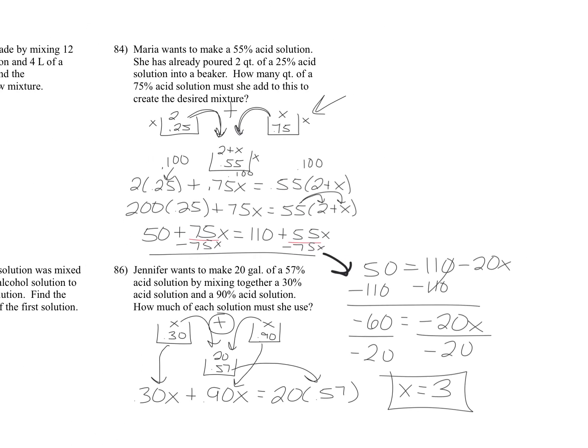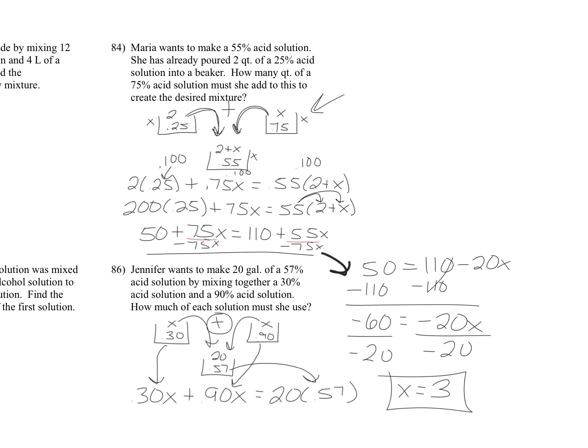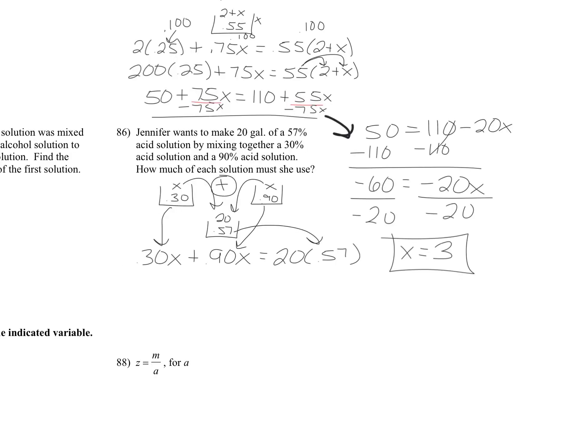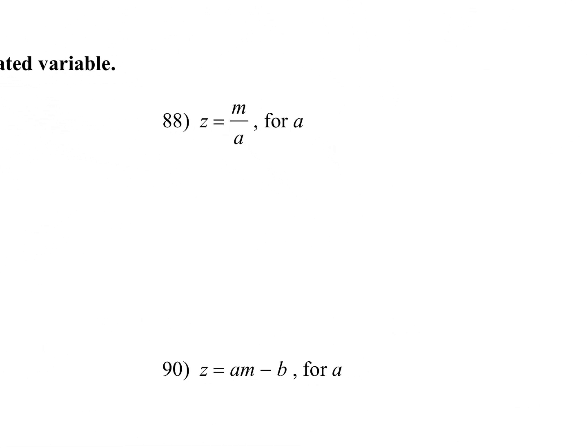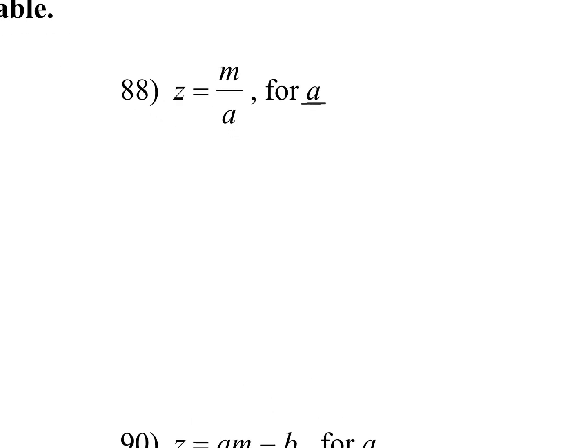Questions on those? If we need to come back to those on Monday, we will. Last ones we got to go over are algebraic expressions. It gives us an equation. We want to solve for A. What does it mean solving for A? Get A by itself. What would our first step be?